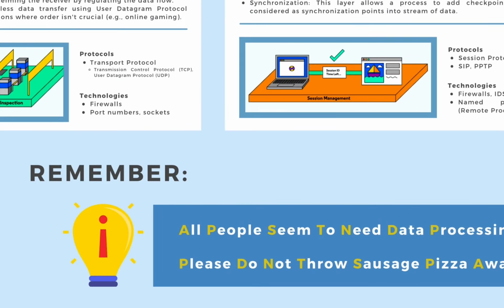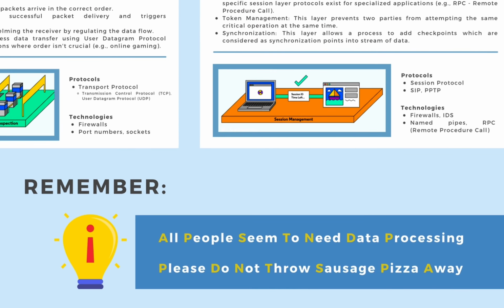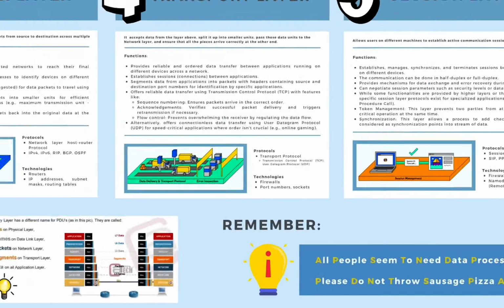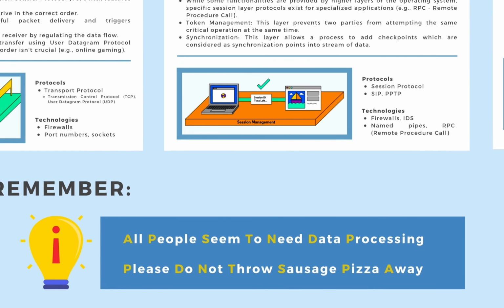Also, I've made for you a little something that we can use to remember the 7 layers. If we want to remember, for example, the encapsulation, we just need to remember: all people seem to need data processing. The first letter is the first letter of the layer.